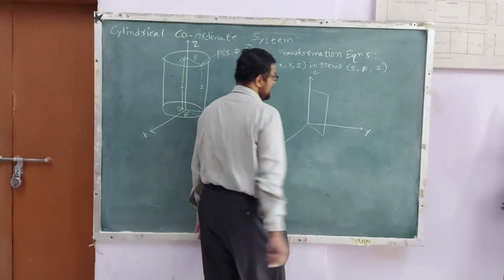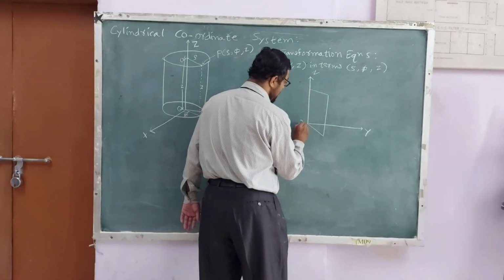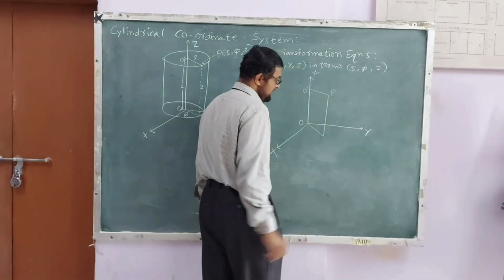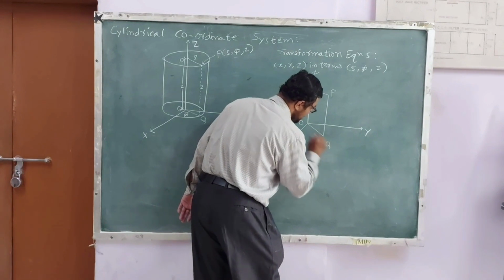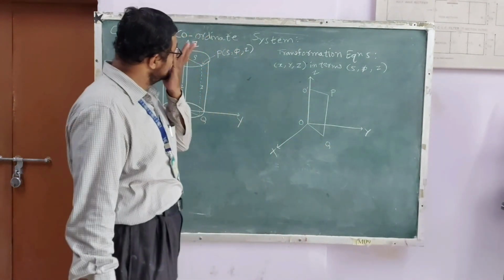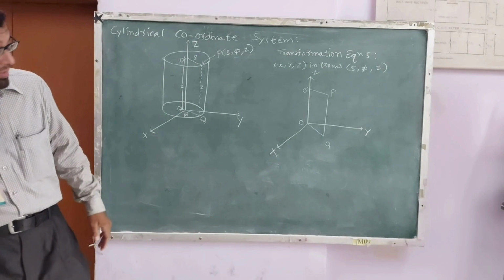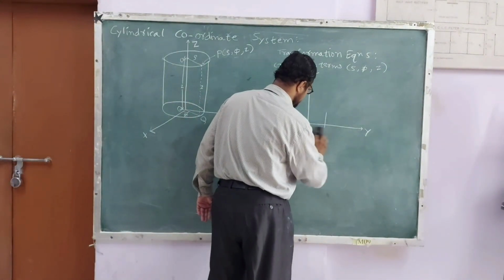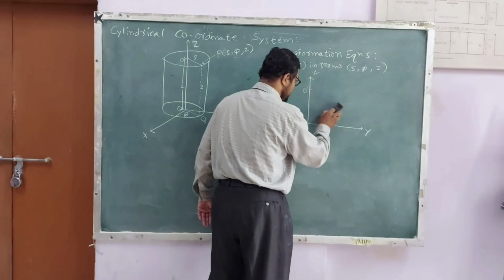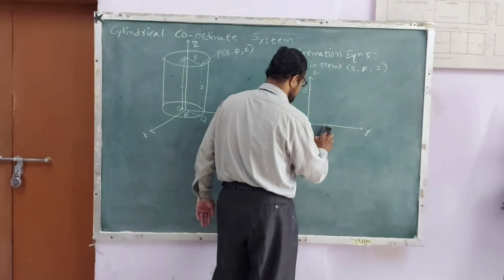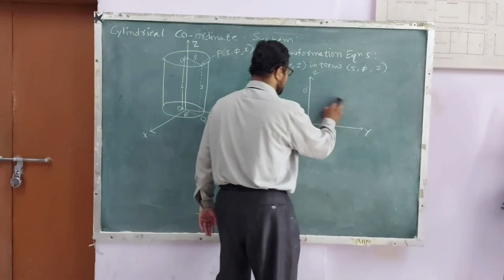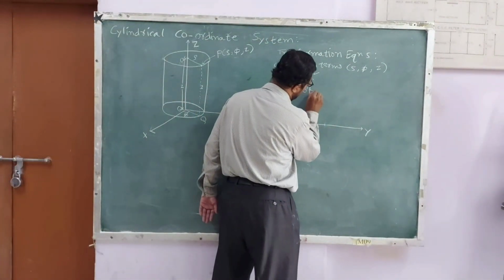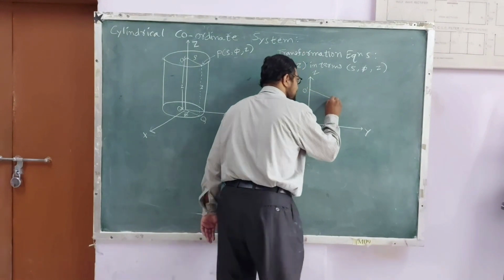So this is our origin O, this is O prime, this is point capital P, and this point we will call capital Q. Rather, I will draw it in a slightly better way, because it doesn't look very good actually. So we redraw this.